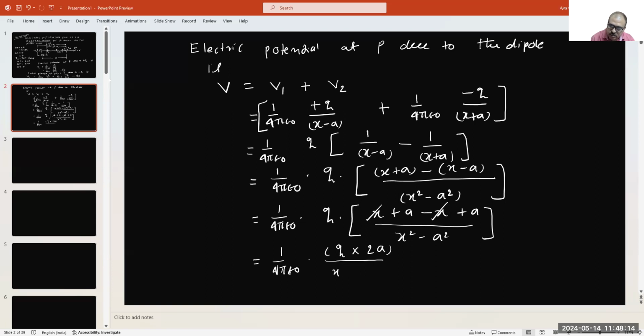In the case of the electric dipole, the dipole moment is also here. This is your step 3. The electric dipole moment is a very remarkable terminology utilized in the dipole. Electric dipole moment.